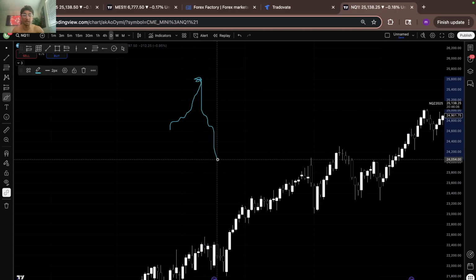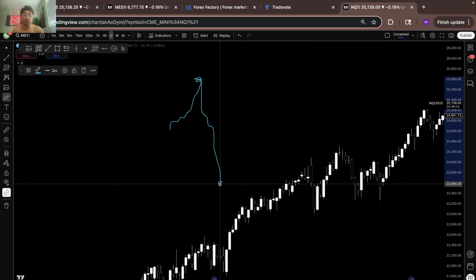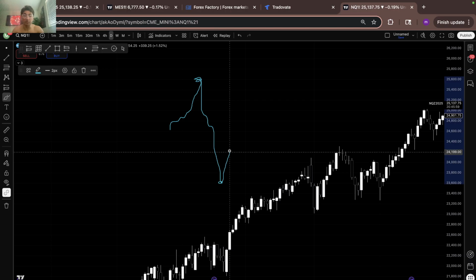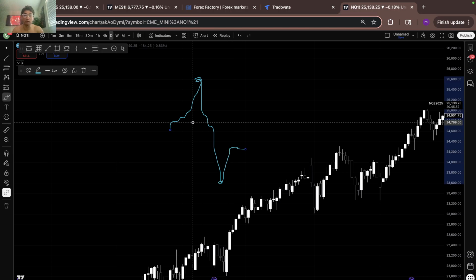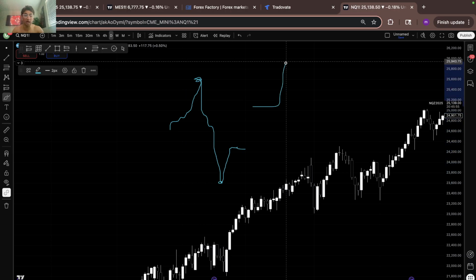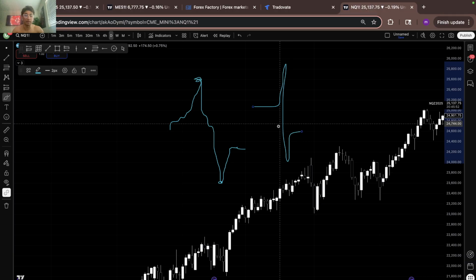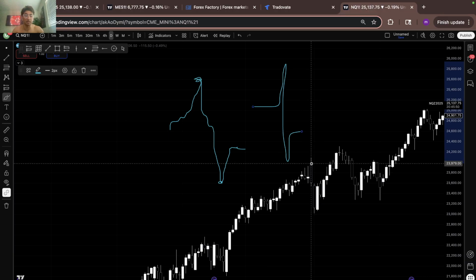Then you'd see us trading down, and then you'd see us fulfilling whatever liquidity we came down for, and then we close more in the middle, right? So this is what it looked like: open, high, low, close.